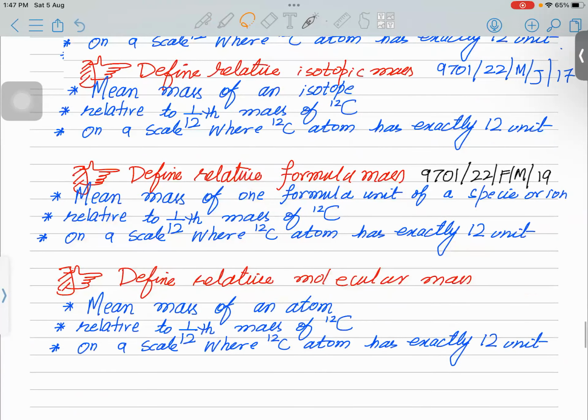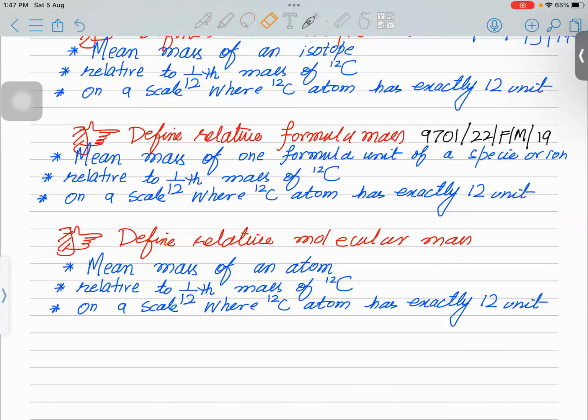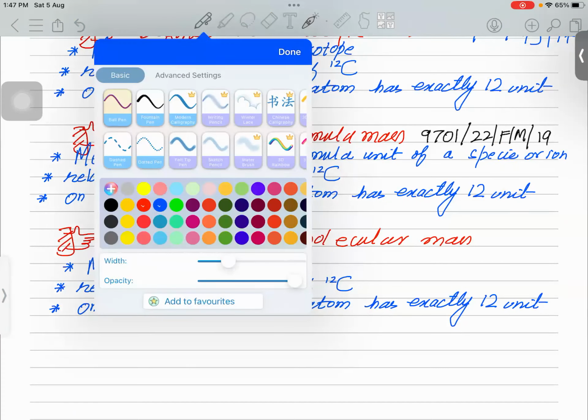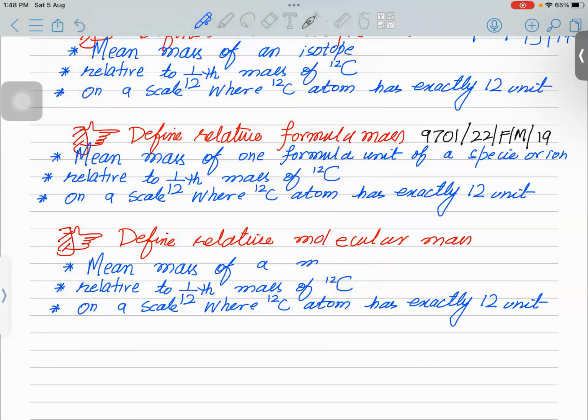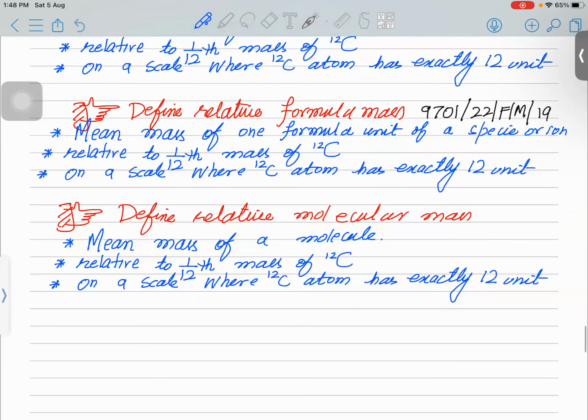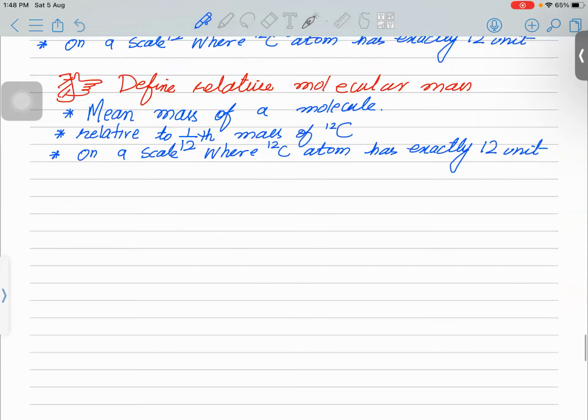So replace it with of a molecule, while the remaining definition remains the same. Are you getting my point or not? Yes, sir. Alhamdulillah. This is all about the definition, right?